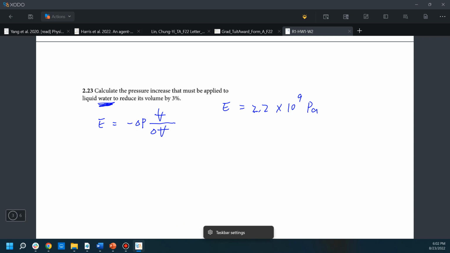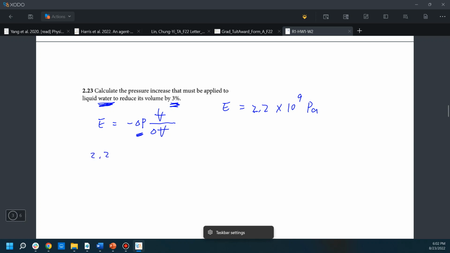Okay, so the unknown that we want to solve is this delta P, and we want to know the delta P to reduce its volume by 3%. So we can plug in the numbers now.